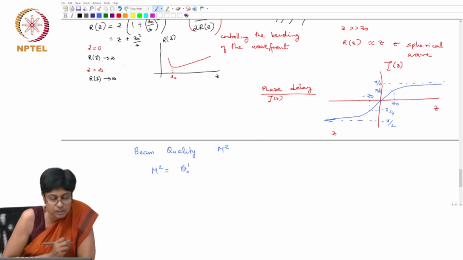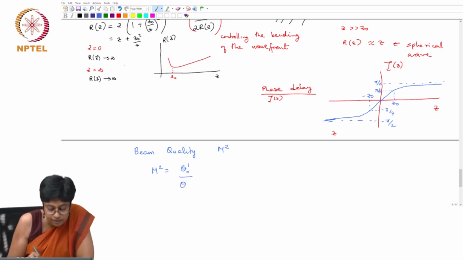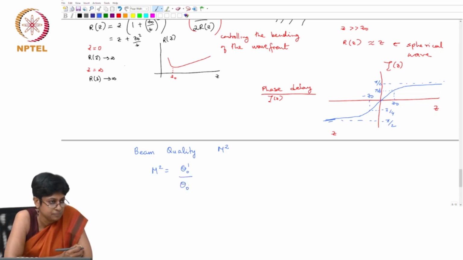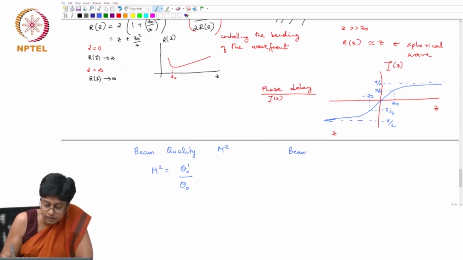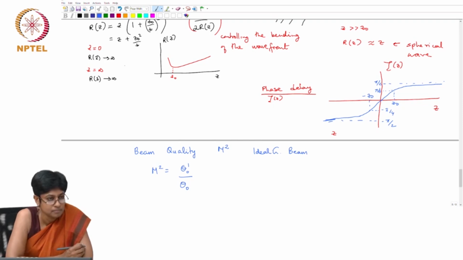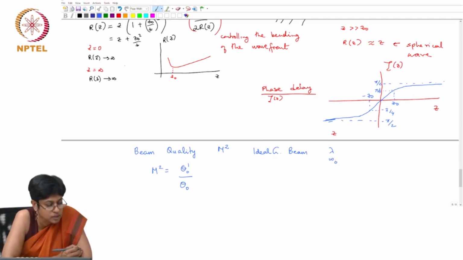Now, the M squared parameter is a simple definition. It is the divergence of the beam emerging from this source compared to the divergence of an ideal beam with the same omega naught. So, if I have a beam, a Gaussian beam, so an ideal Gaussian beam, it is lambda wavelength. It emerges with the spot size of omega naught.